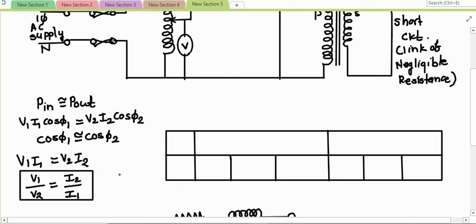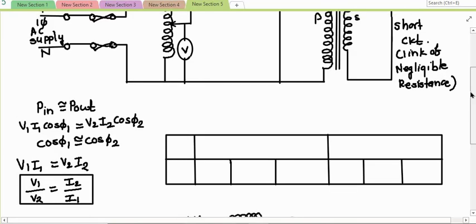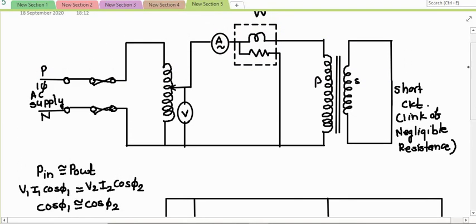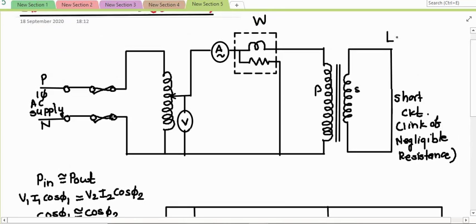So the current on the high voltage side of the transformer being less, it is always convenient for us to connect the high voltage side to the supply and the low voltage side should be short circuited. So remember one thing, always you have to short circuit the low voltage side and you have to give voltage on the high voltage side, right?